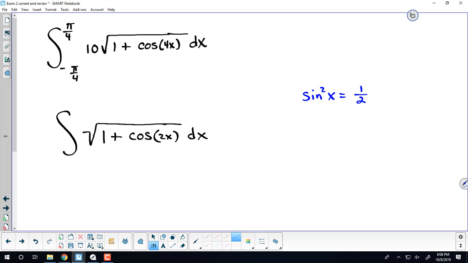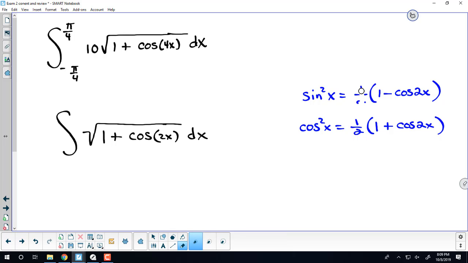We wrote them like this. A rearrangement of both of these tells us that 2 times sine squared or 2 times cosine squared is equal to that.